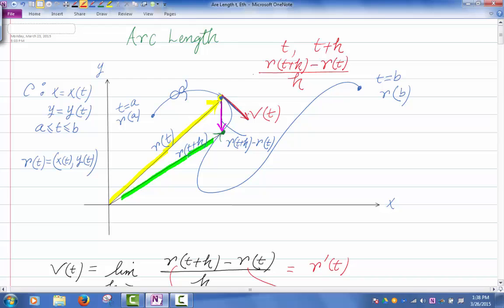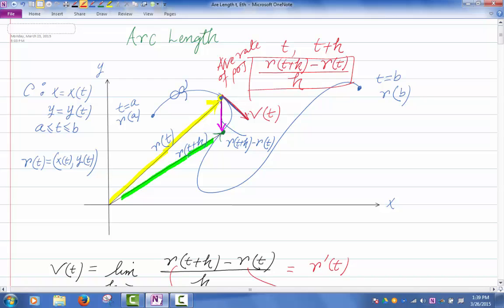So this quantity that I have here is the average rate of change of position. Okay? Now if I take the limit as h goes to 0, I get the instantaneous rate of change of position at time t. Is that making sense?